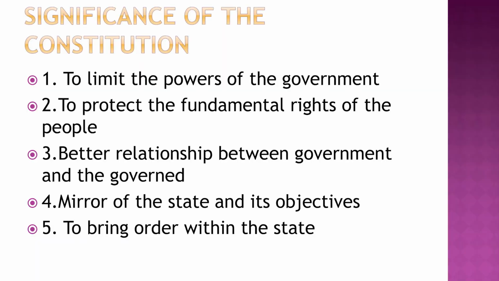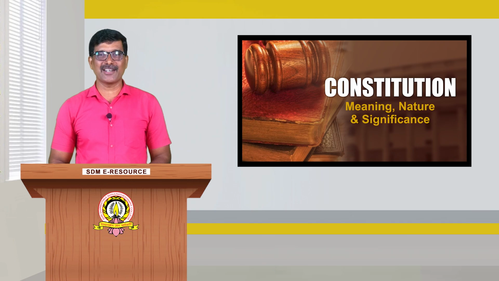Second point, to protect the fundamental rights of the people. As citizens of India, Part 3 of the Indian Constitution deals with fundamental rights, Articles 12 to 35. We have 6 fundamental rights at present.